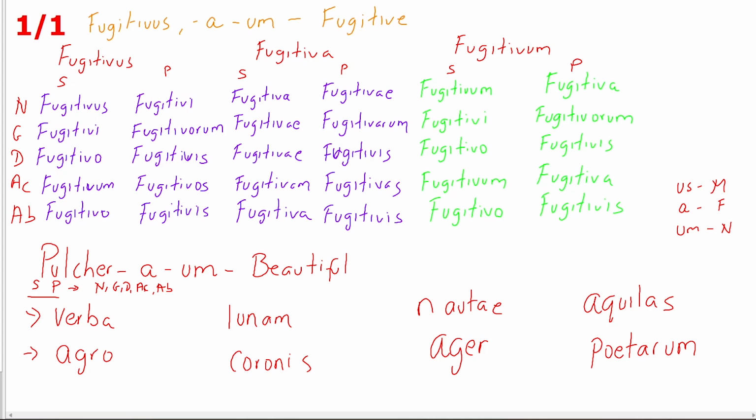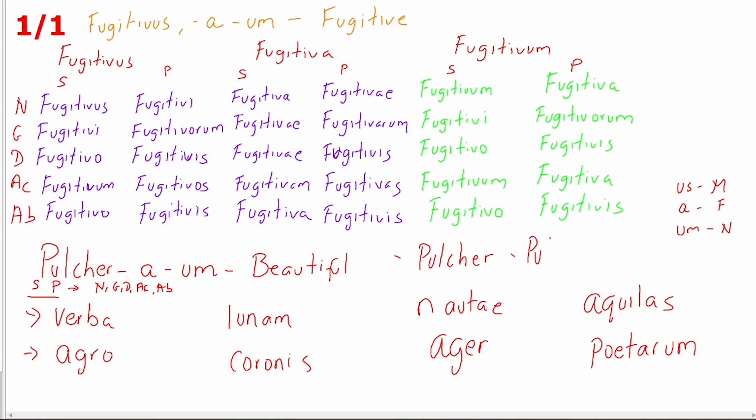Now, one thing you have to keep in mind is that pulcher, pulchra, pulchrum is written as, so pulcher is which gender? Masculine. It comes under ager, vir in those words.